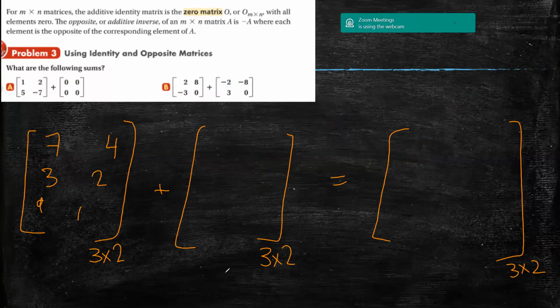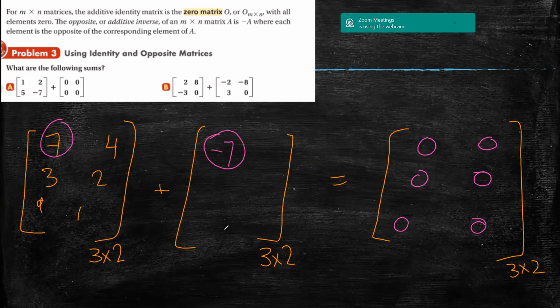Since I want a 0 matrix, I must add an inverse matrix. Let's add each number with its corresponding element, but with the opposite, like 7 and -7.